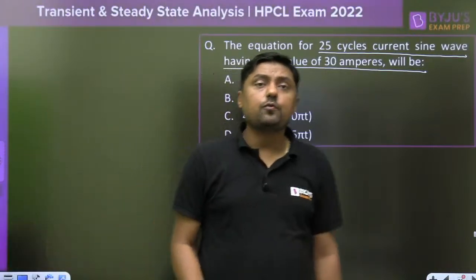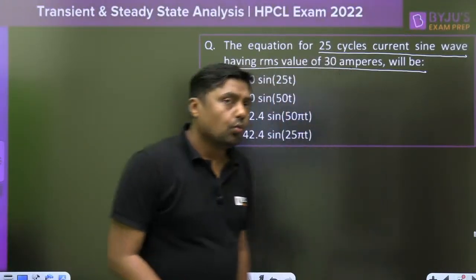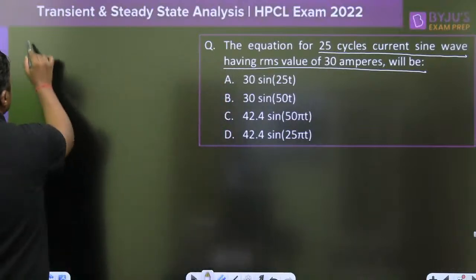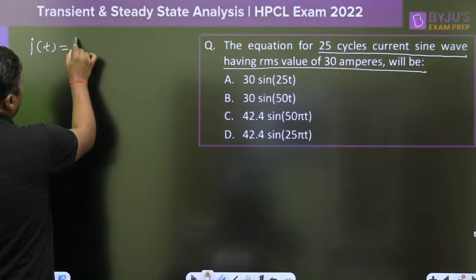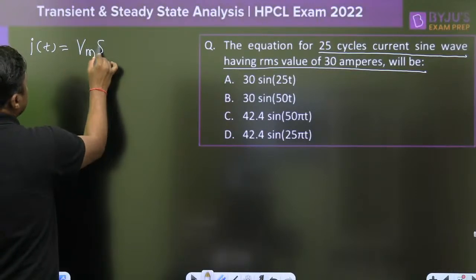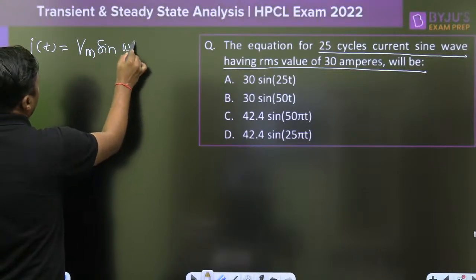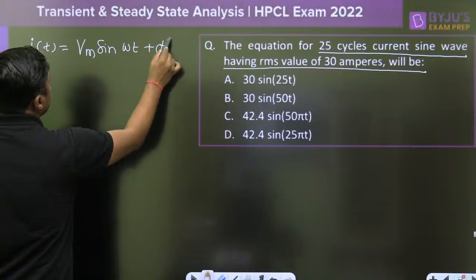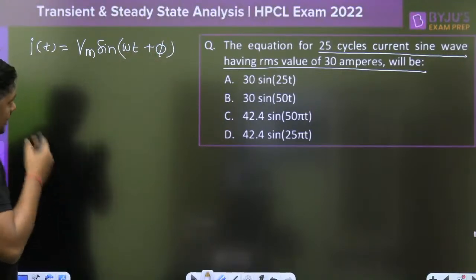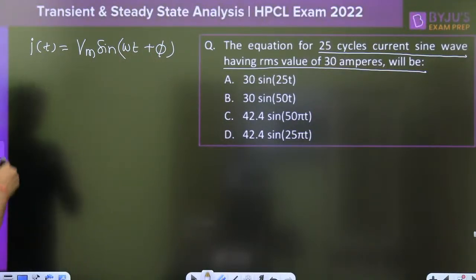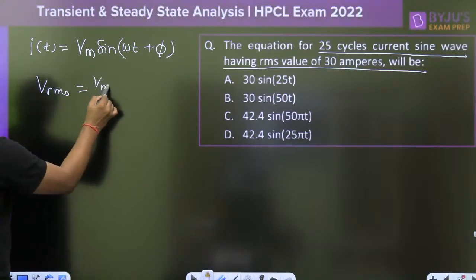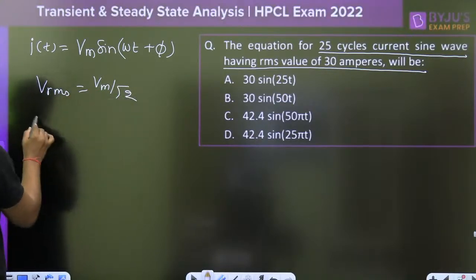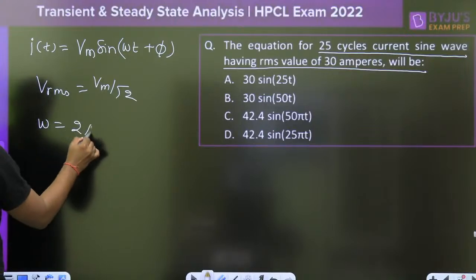Very simple one. If I want to write the equation for the current, always remember Vm sine of omega t plus phi. That is the equation. RMS value of this is given by Vm by root 2 and omega is given by 2 pi f.